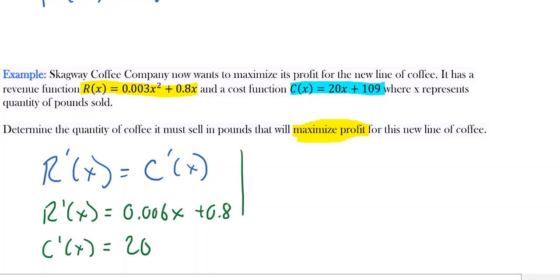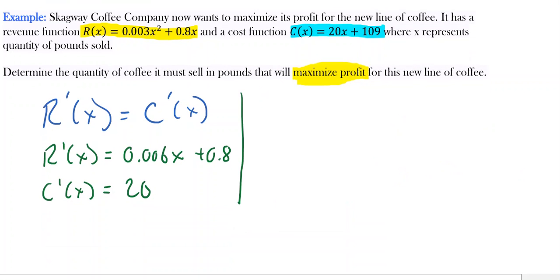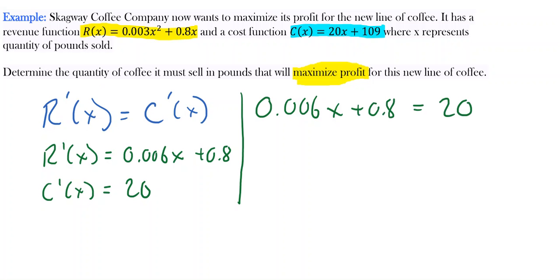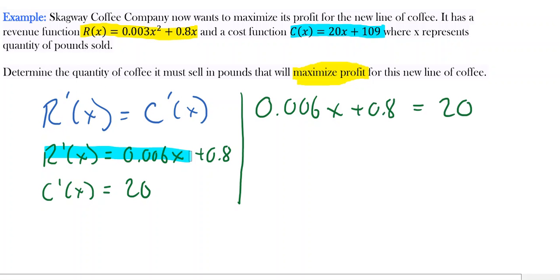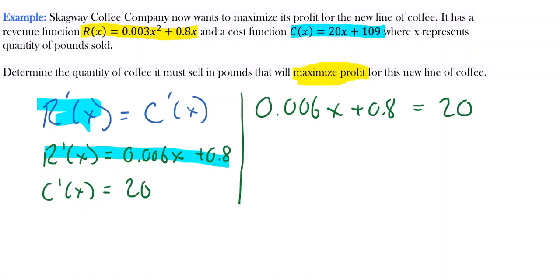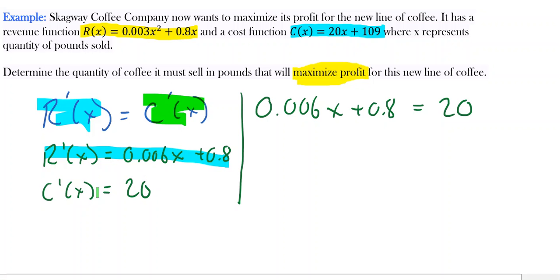And so to answer this question, we have to set those two equal to each other. So we need to find out where 0.006x plus 0.8 is equal to 20. That would be putting marginal revenue here and marginal cost there, setting them equal to each other.